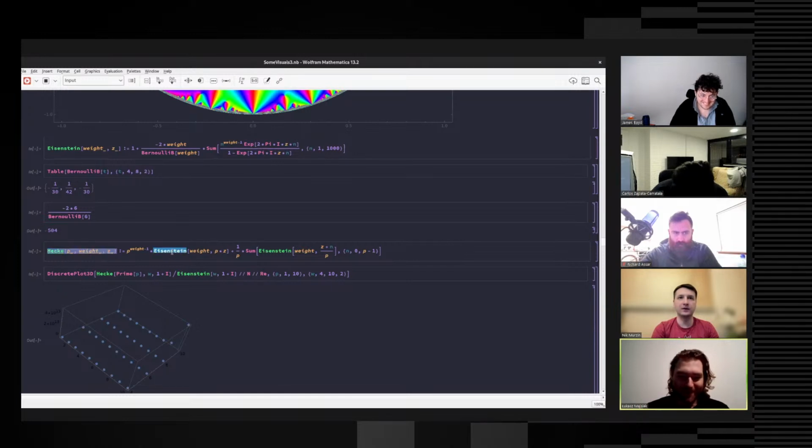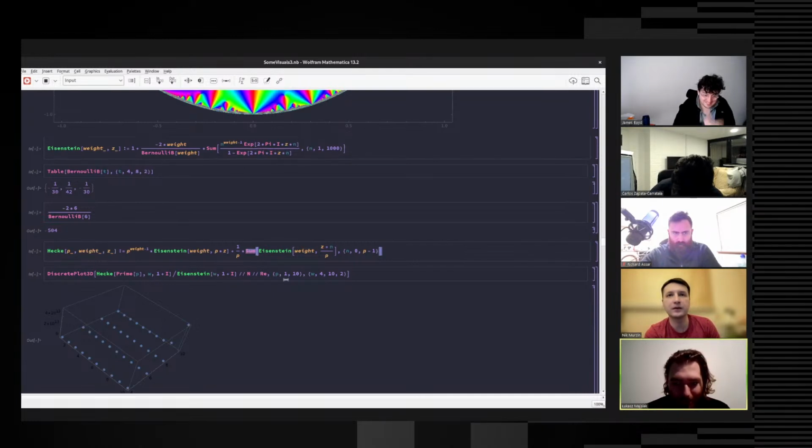And the formula is just like that. This is the Hecke operator. It comes from summing over different cosets in your group if you mod out your group. But basically, you have many of them.